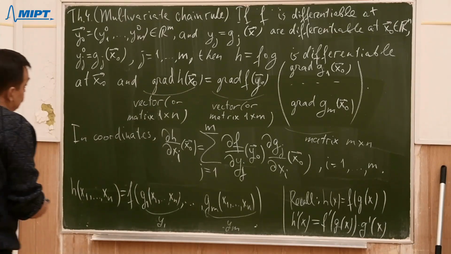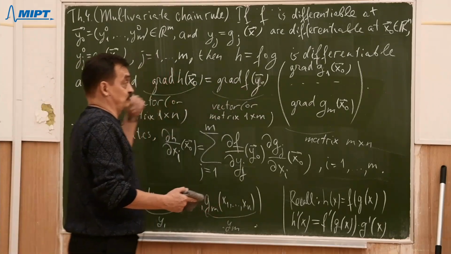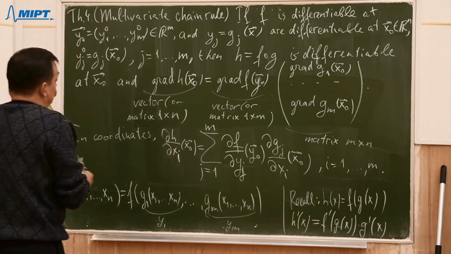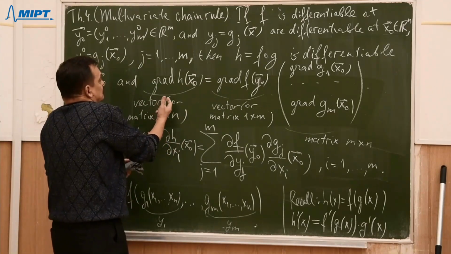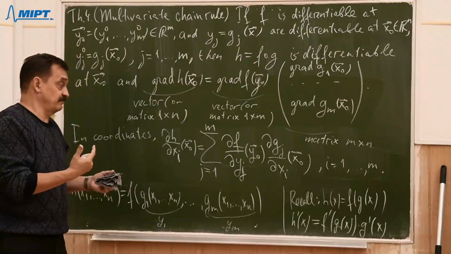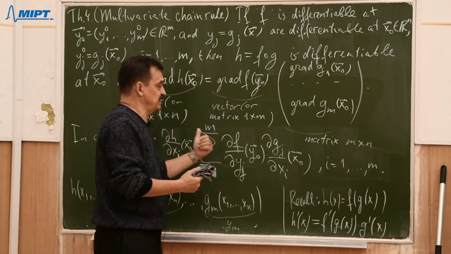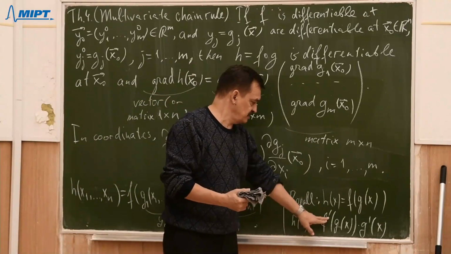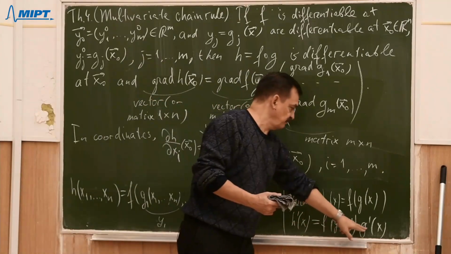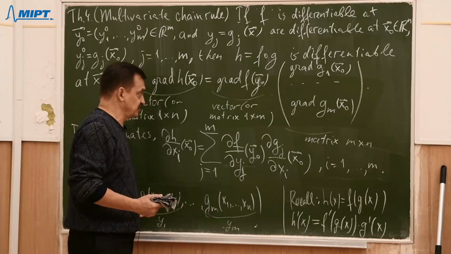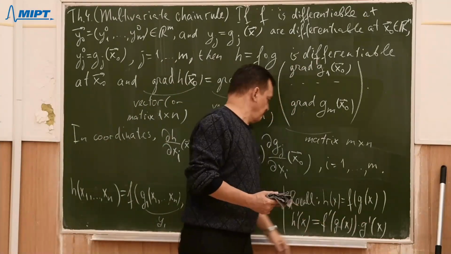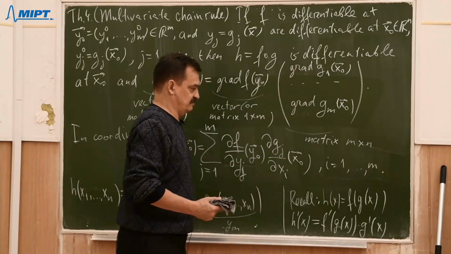And of course, the matrix form is also very convenient, because if you think that you replace in general, so for several variables, the gradient is a replacement of the derivative. So instead of the derivative f prime, we have the gradient of f. Instead of the derivative g prime, we have many functions g. So we have a matrix which consists of gradients.